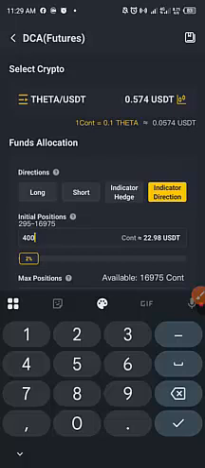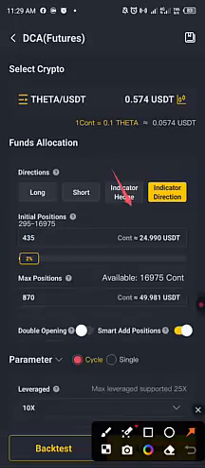Okay, we have 22.9. Let's change it to 420. Okay, 429, 432, 433. So you keep changing that figure until you can see that we have achieved 24.9. You can't get closer to 25 than that. So let's just leave it at that.